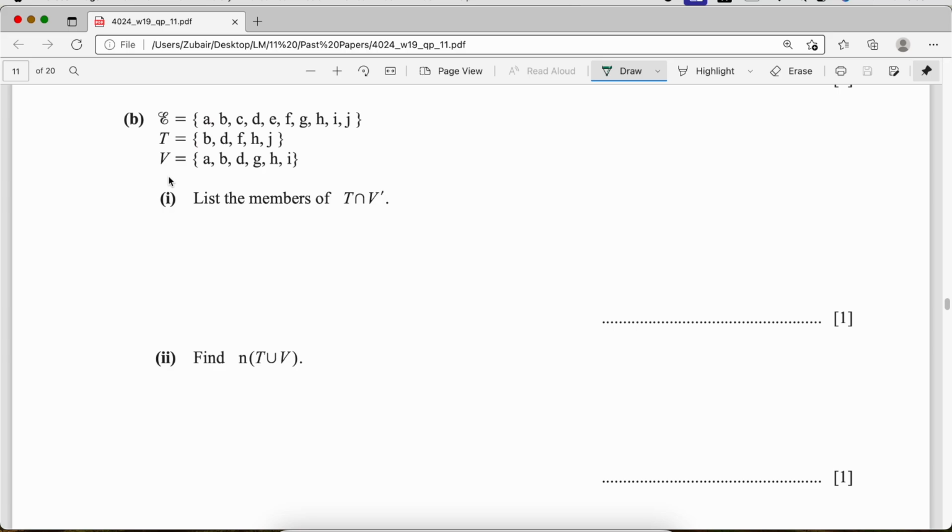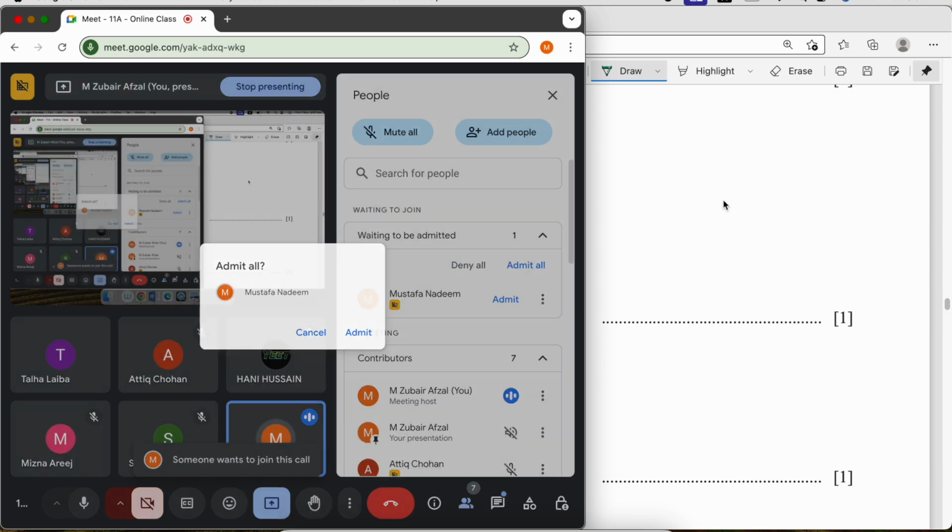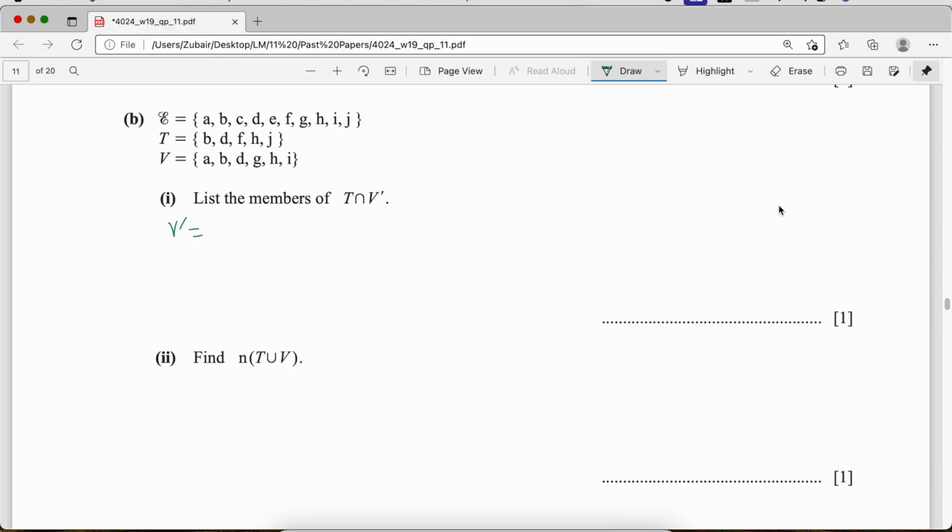I would write V complement first to avoid any mistakes. So this is A, B, C is there. I'm not writing A, B. That is D, G, H, I. So whatever is left behind is V complement. So that's C, E, F and J.